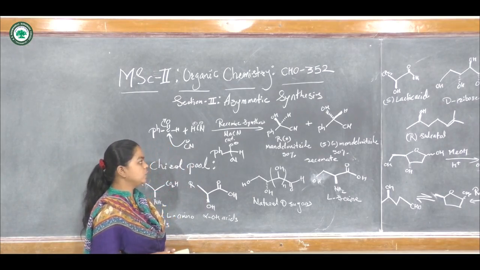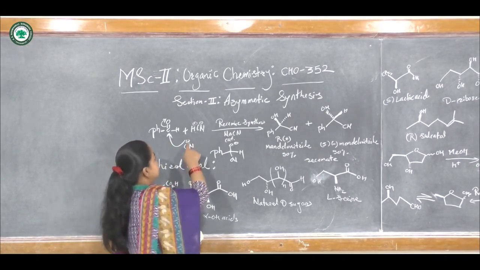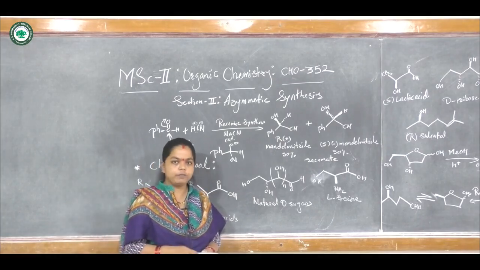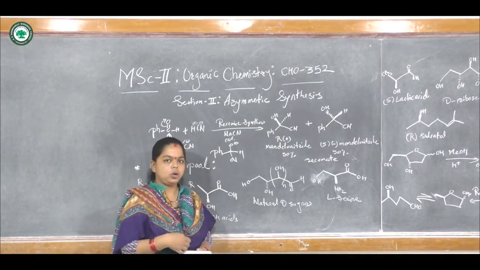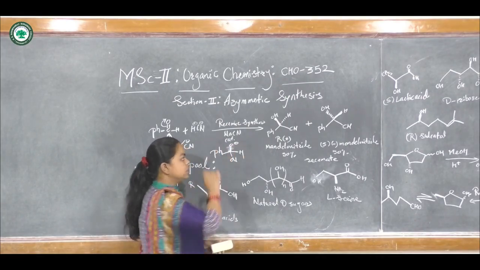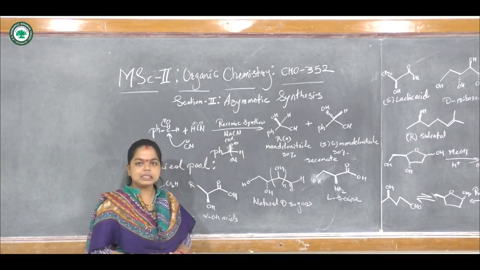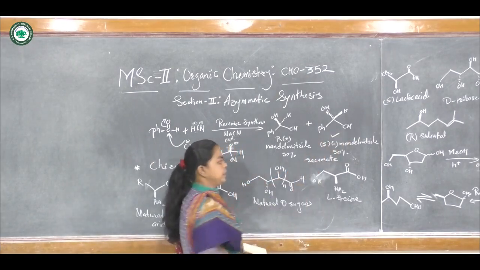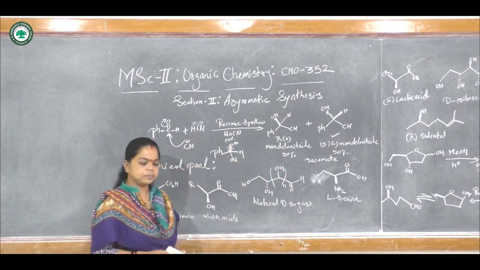It is called mandelonitrile. Now when the cyanide minus ion attacks from the front face or above face, then O minus will get oriented on the below side. So we are getting the S minus mandelonitrile compound.